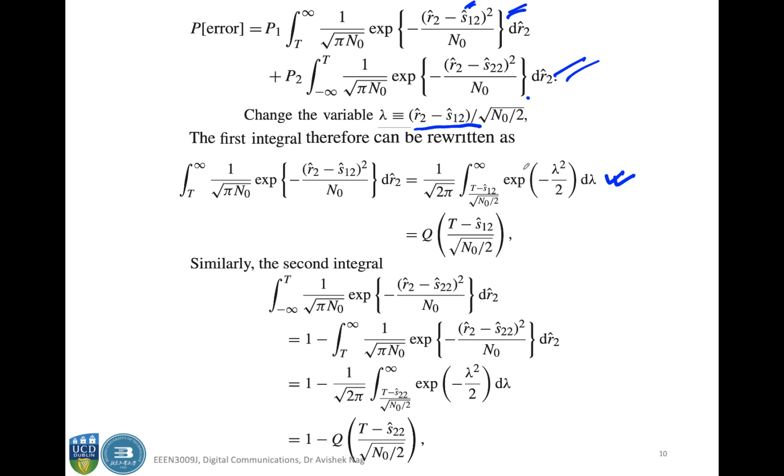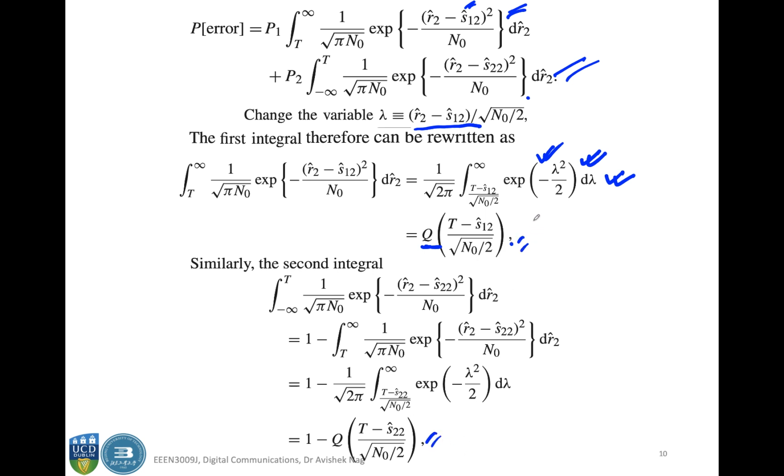This is a general expression of a Q function. I am coming to the concept of Q function later, but right now just appreciate that mathematically this expression is written as this. Similarly, the second integral can be written as 1 minus the Q function of this term.